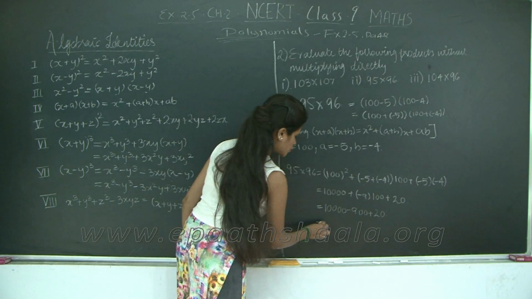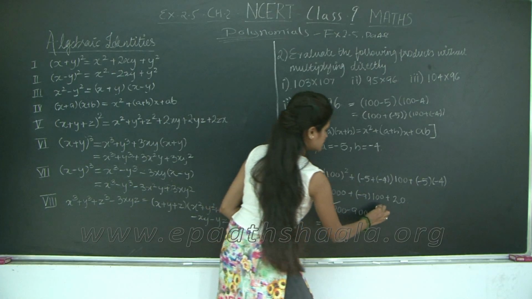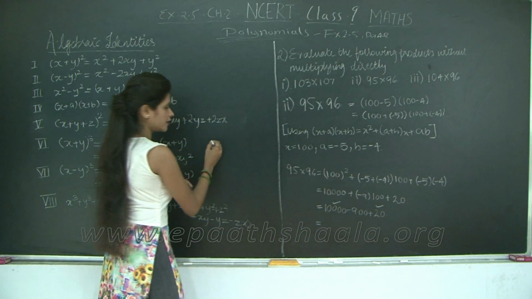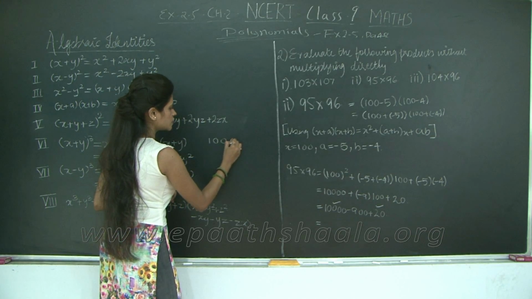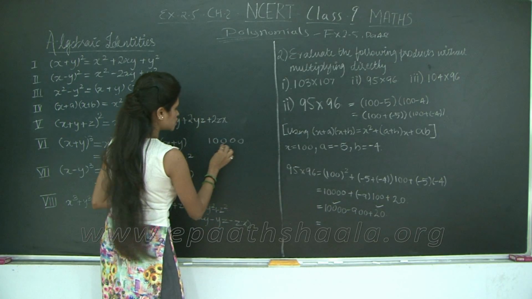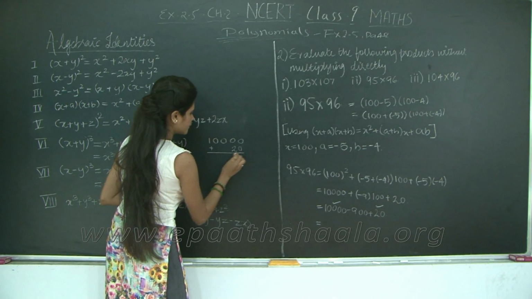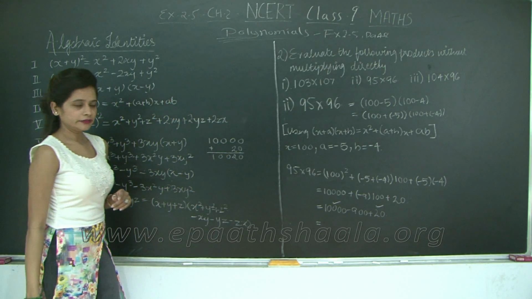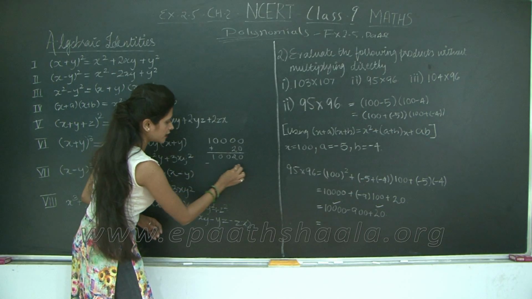So I need to further solve this. Now I have these two signs are similar. So I'm going to first add them up. Where do I add them? I'll do it here and then we will erase the board. So I have 10000, 4 zeros plus 20. So plus 20. Okay. And now I need to subtract 900.